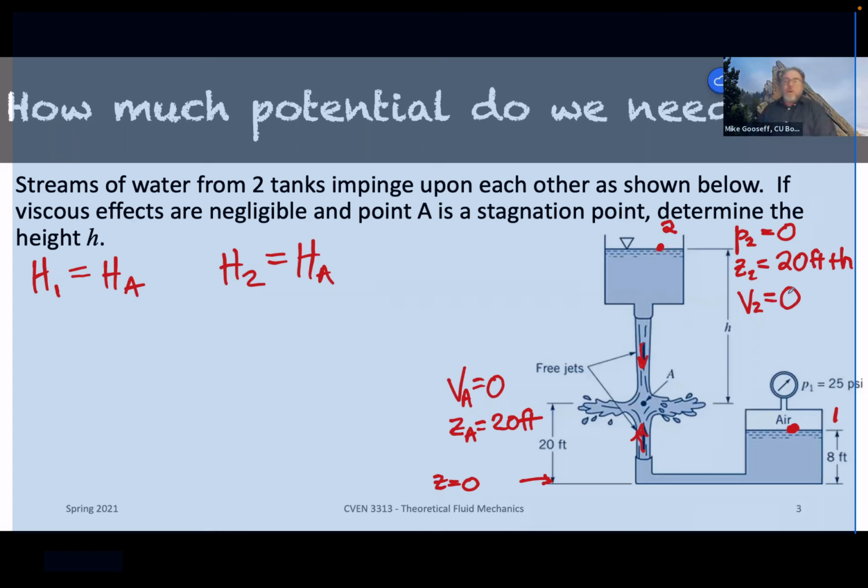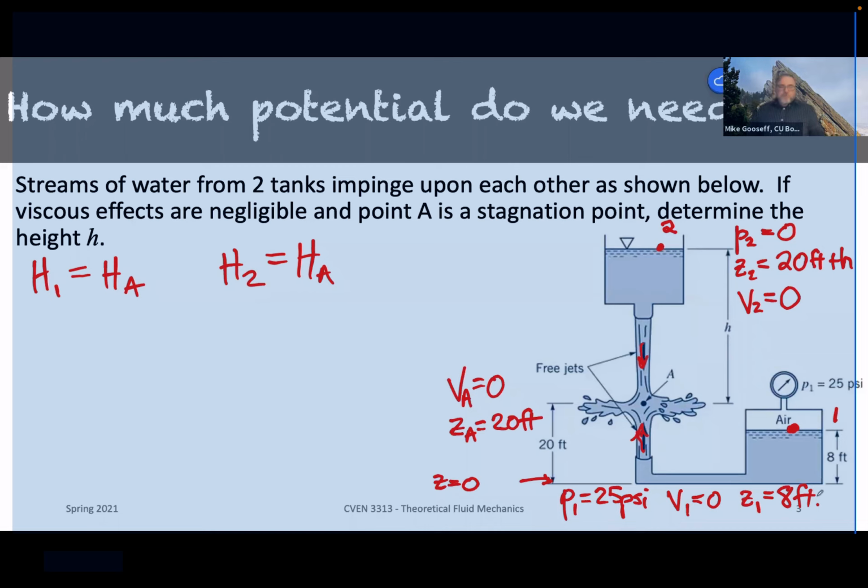There's no velocity occurring at the surfaces of these reservoirs the way we've been dealing with them in the past. We note that VA is 0, ZA is equal to 20 feet. We note that P1 is equal to 25 psi. I'm just writing this underneath because I ran out of space over to the right there. V1 is equal to 0, and Z1 is equal to 8 feet.